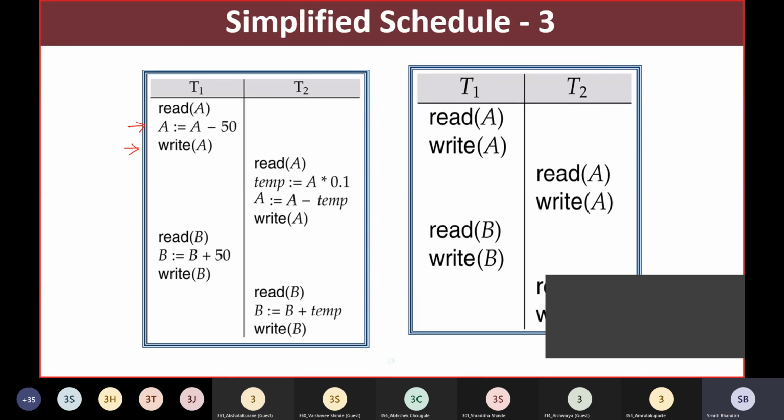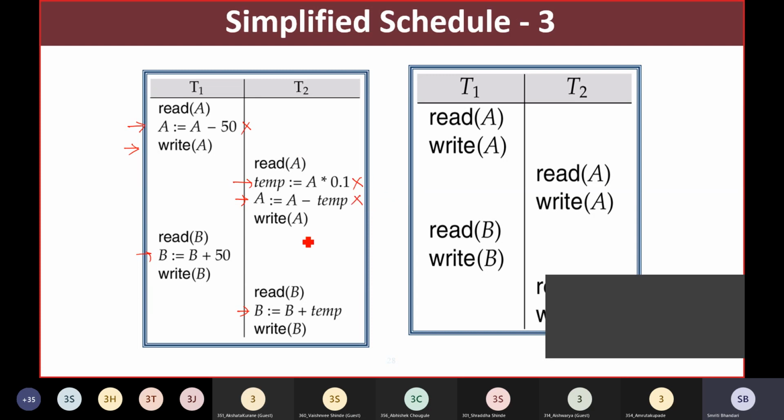But we are more concerned about the read and write operations, because these actually affect the consistency requirements. And that is why henceforth we are going to simplify the way we write the schedules.